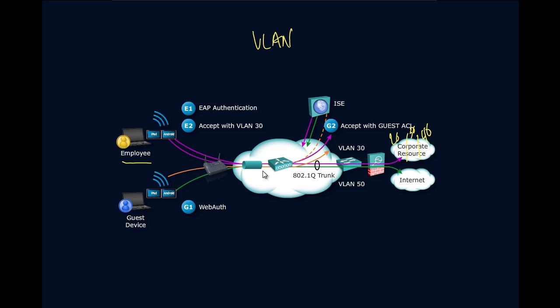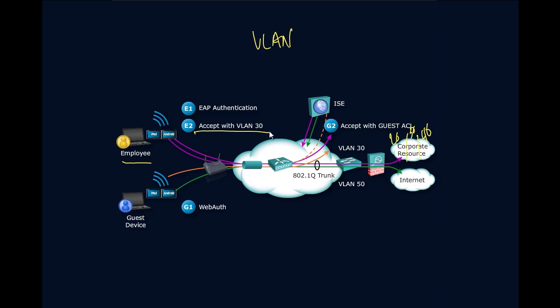And that particular employee is given a certain VLAN. Allowed access to corporate resources we see. This could be through 802.1x authentication, could be through other forms of authentication.